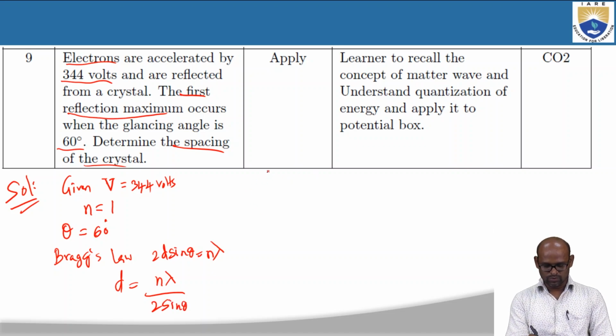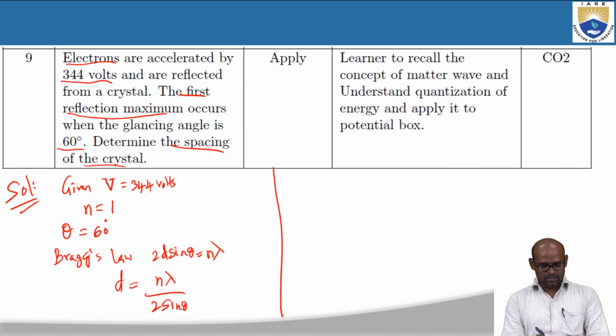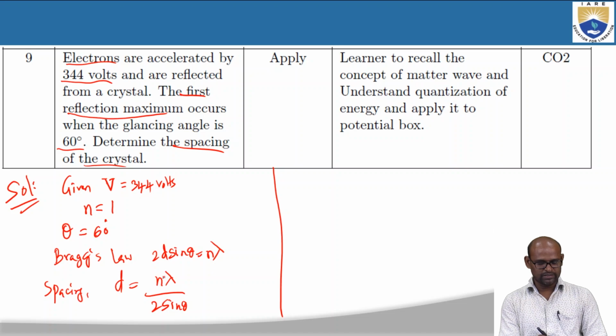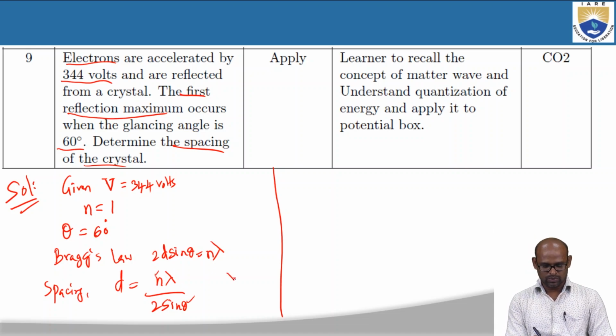In this equation, D is the spacing of the crystal, n lambda by 2 sine theta. N is known, theta is known, but lambda is not known, so we can calculate lambda for the electron. For the electron, lambda is 12.26 by square root V angstroms.